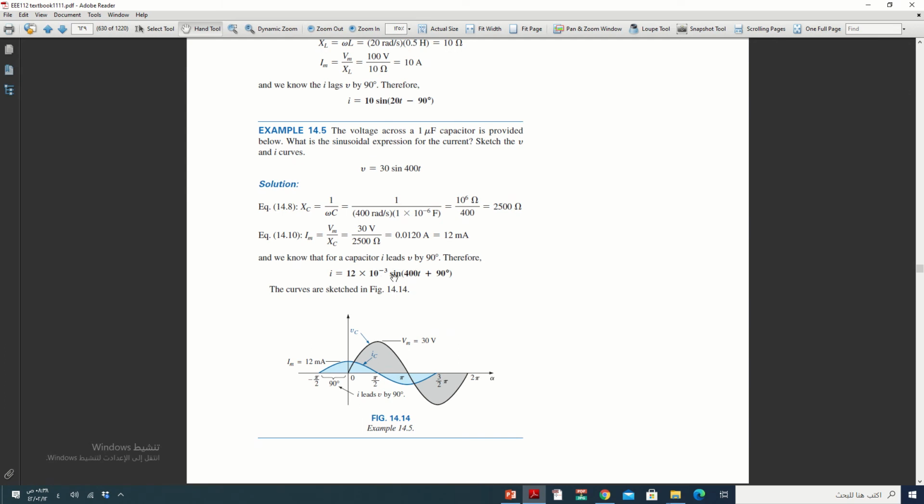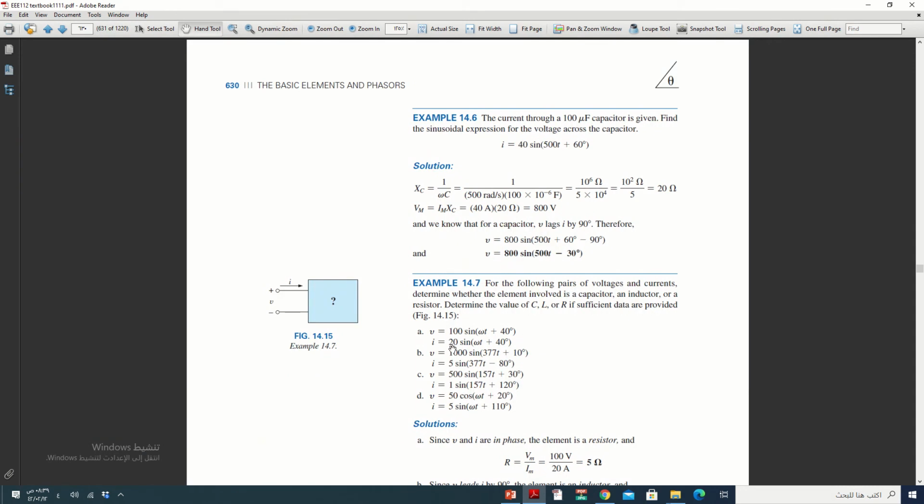So here, 12 milli sine 400t plus 90, because we need the current to lead the voltage. Now the current reaches zero and then the voltage reaches zero. This means the current leads the voltage by 90 degrees.